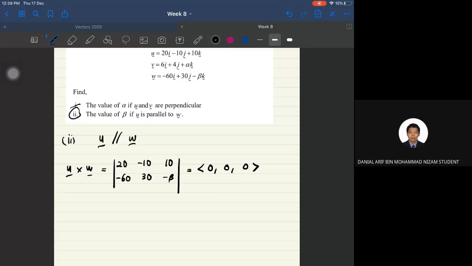Ramai-ramai ni ada seorang je. 30 kan puan? 30? Ada jawapan lain tak? Ada kawan cakap beta sama dengan 30. Betul tak? Semua dapat jawapan 30?